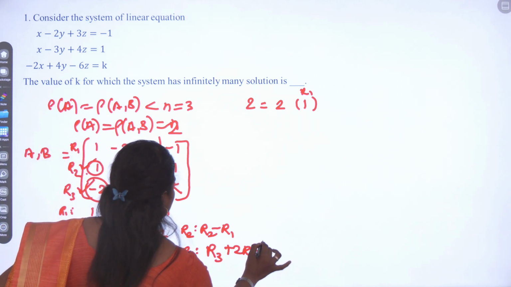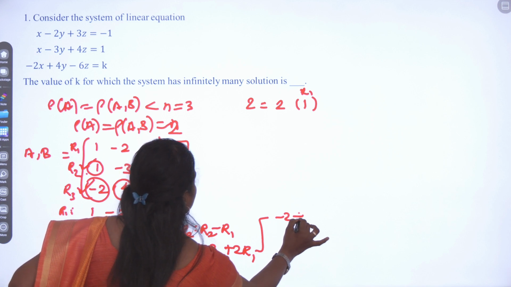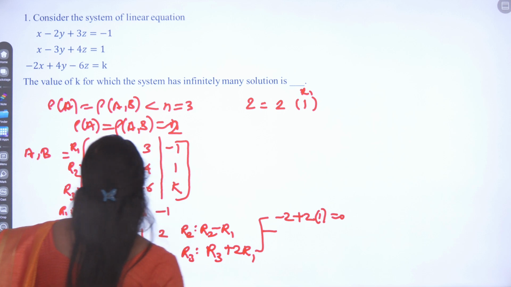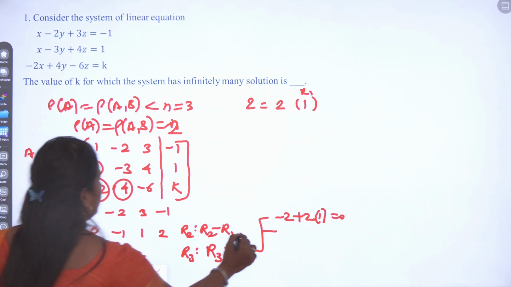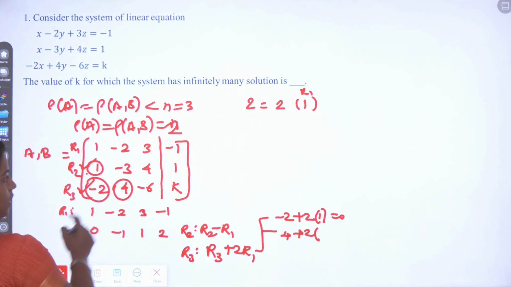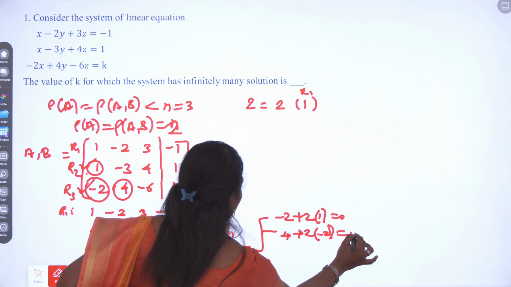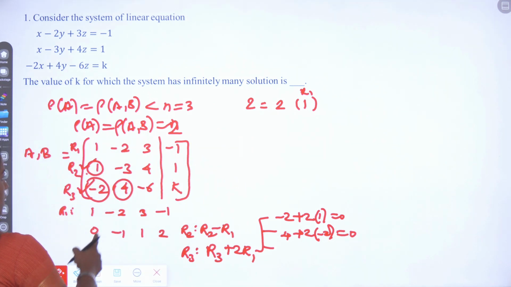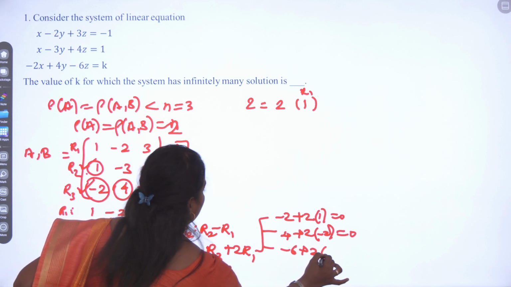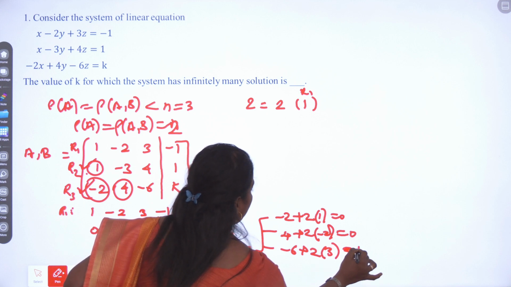The first element is minus 2 plus 2 into first element 1, which is 0. Second element 4 plus 2 into minus 2, which is 0. Third element minus 6 plus 2 into 3, which is again 0, minus 6 plus 6.